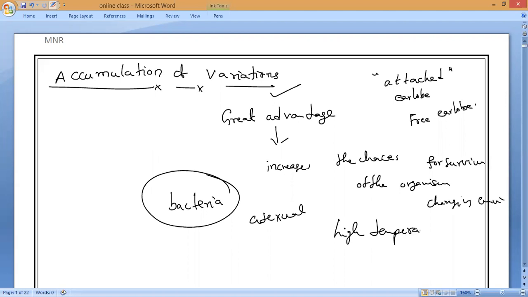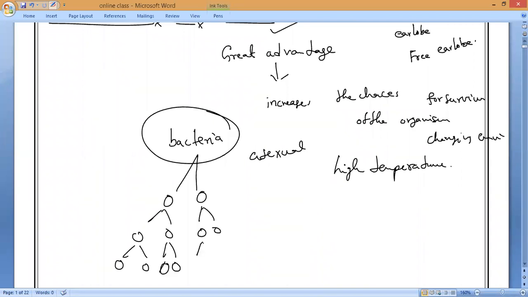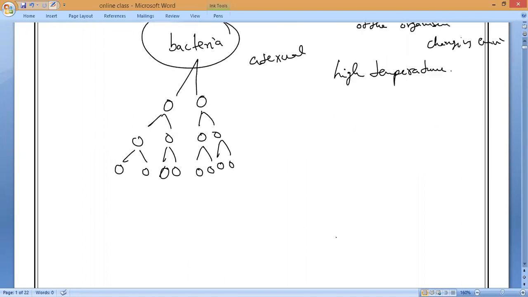But because of variations happening continuously in their generations, as I taught you in the last class, variation is not possible in one generation. It happens continuously from one generation to the next, and the variation keeps on accumulating. Suddenly, at a certain generation, it appears in all the generations, the entire species.